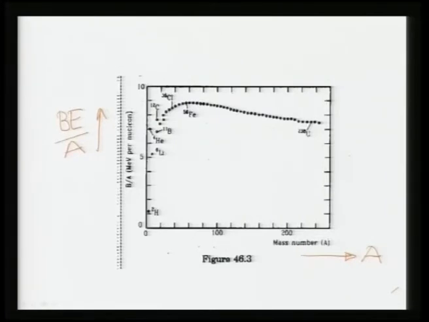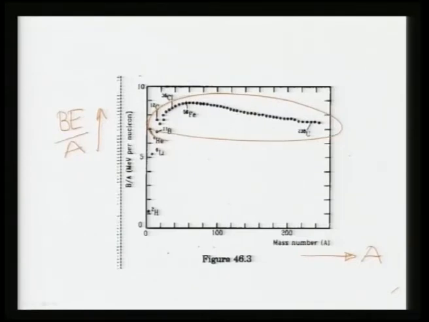Barring some very small light nuclei for which this result is not true, almost all the slightly heavier nuclei are here. You have the deuteron here, lithium here, then helium and boron. So, 1, 2, 3, 4, 5, and all the rest are here.